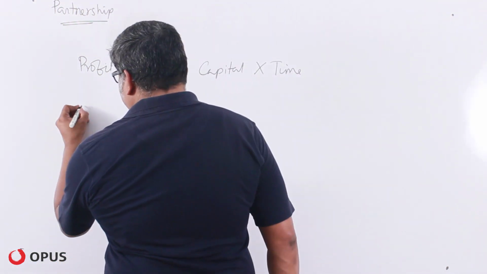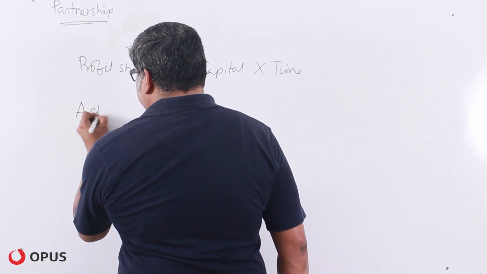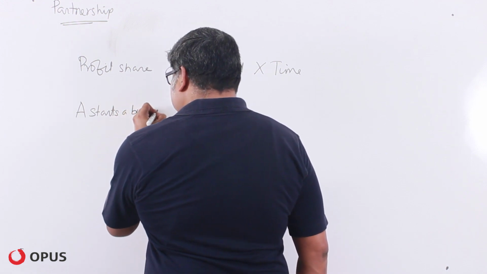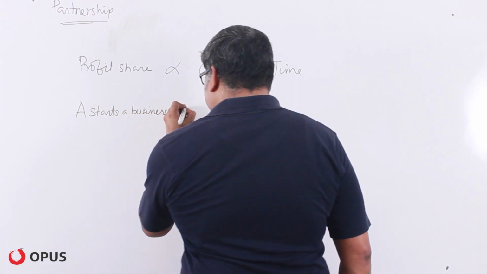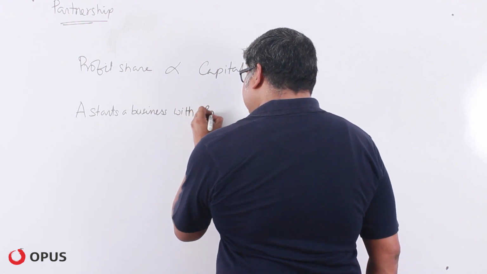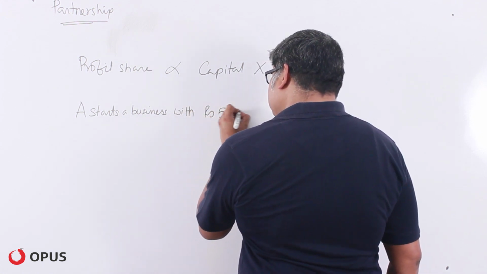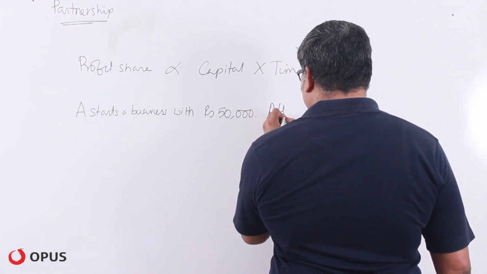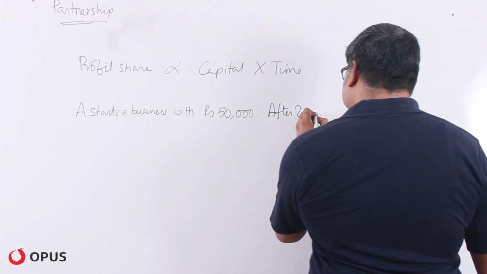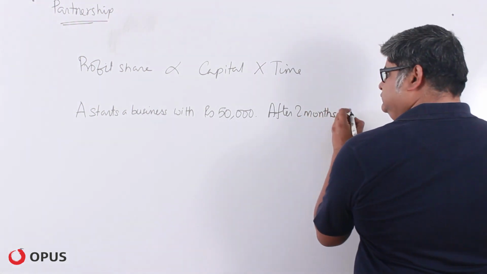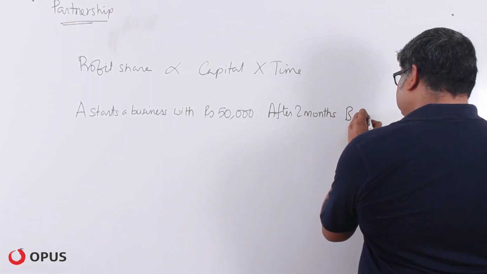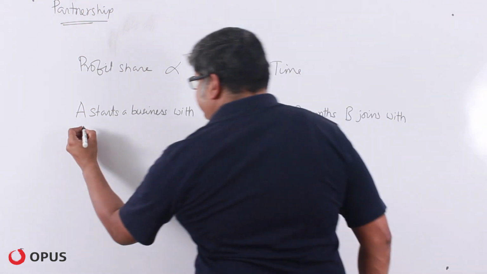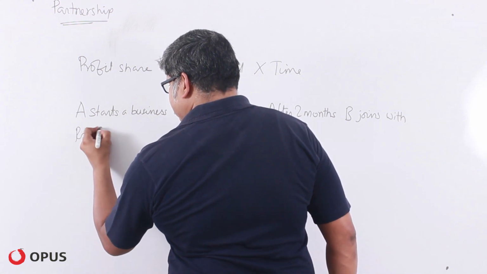Say A starts a business with rupees 50,000. After 2 months, B joins with rupees 60,000.